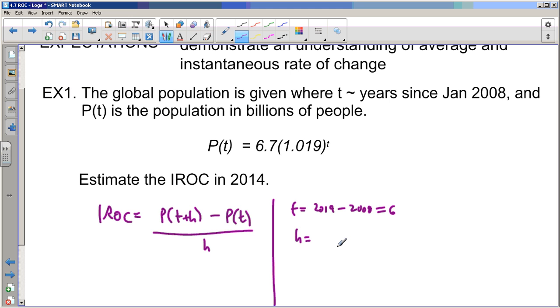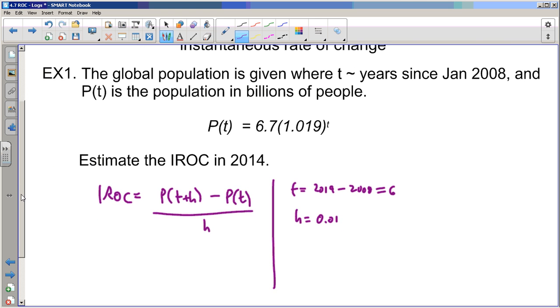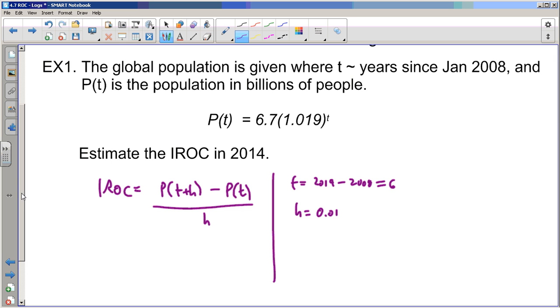Our H is whatever we have patience for, but we've sort of settled on 0.01 because it's a pretty small interval, but not too small that we've got a million decimal places. And that's P at 6, and then P at 6.01 over there. I'm actually going to do this right in here. I'm not going to calculate P at 6.01 separately.